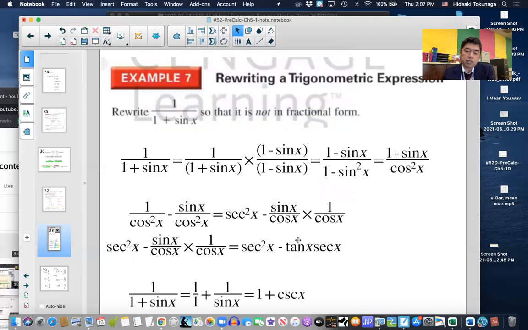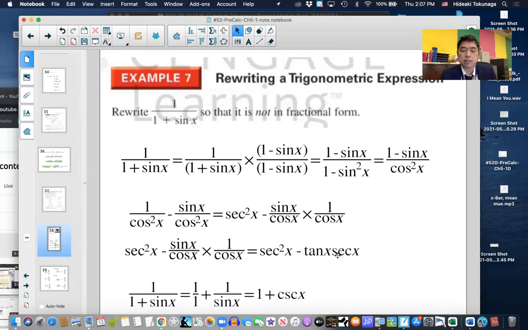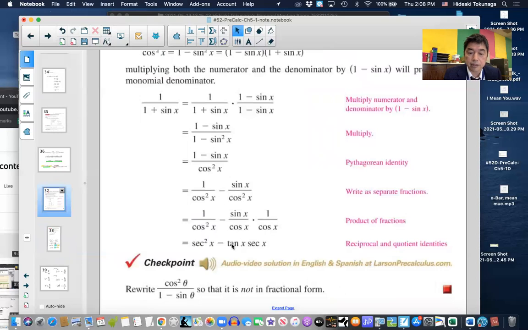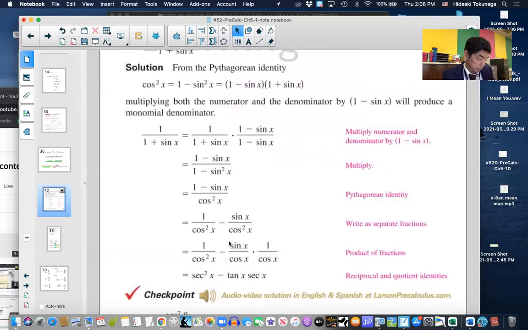It can be reversed, secant x tangent x. Let me see. Yes, this is the answer. Let's see your textbook number 7. Okay, tangent x secant x. You can reverse, but this is the expression. I hope you understand.